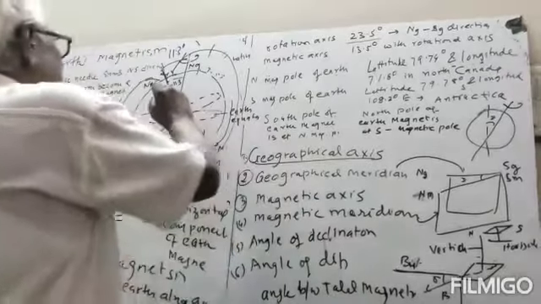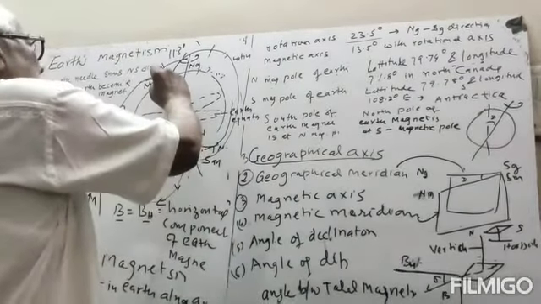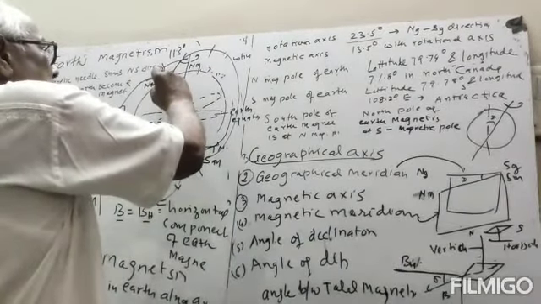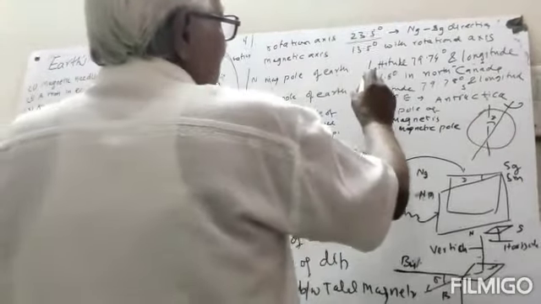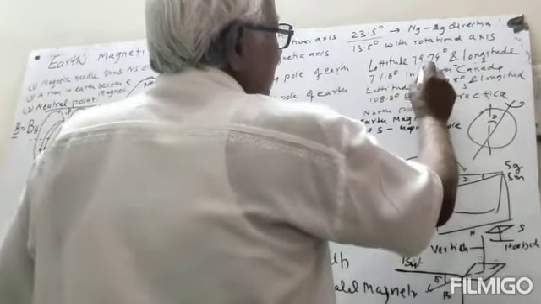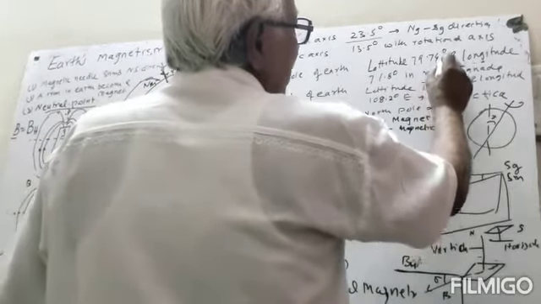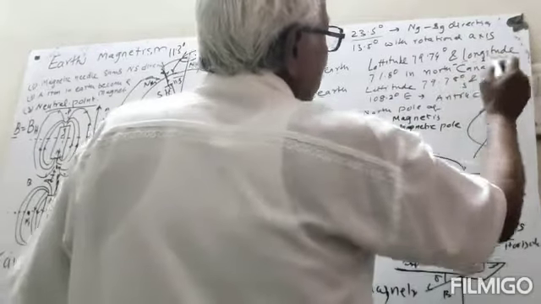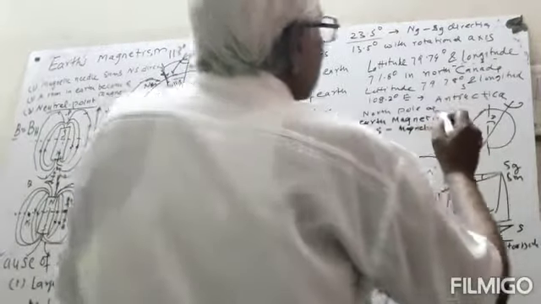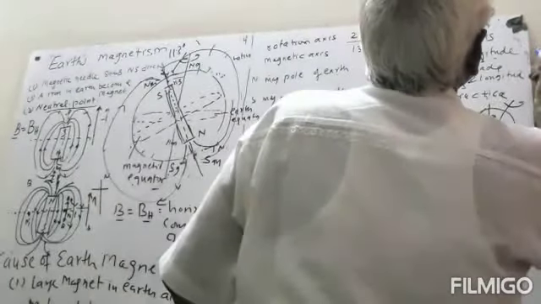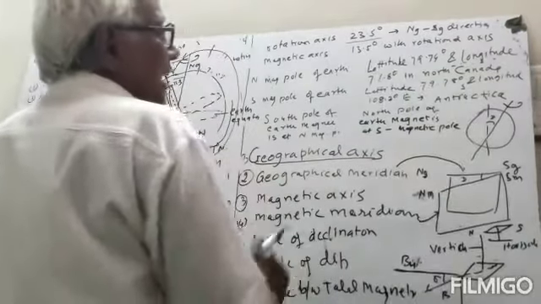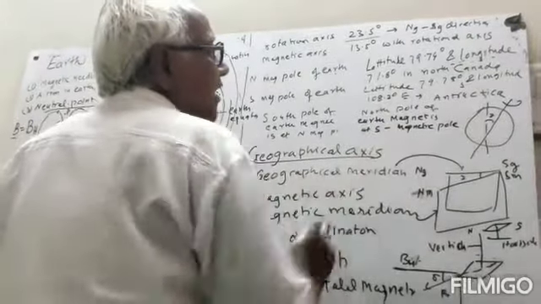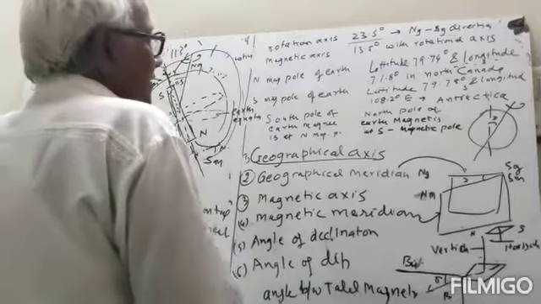Now, the situation of the north magnetic pole is at latitude 79.74 degrees, and longitude is equal to 71.8 degrees, and it is in the north of Canada.